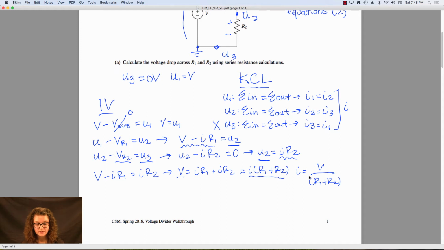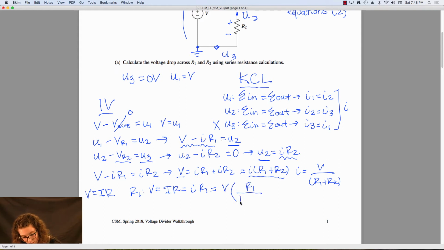So now we want to find the voltage dropped across each of the resistors. We can just use in general V equals IR, Ohm's law. So for R1, V is going to equal IR. It's going to be I times R1, and we solved for I over here, so it's going to be V times R1 over R1 plus R2.